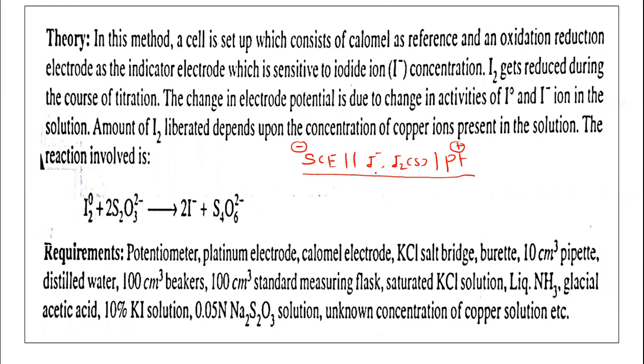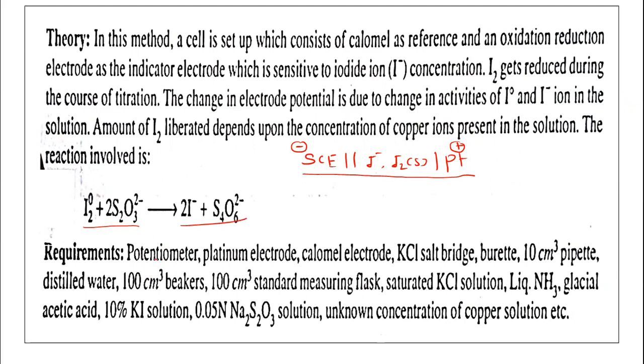In this case iodine is liberated, and the liberation of iodine depends upon the concentration of the copper ions present in the given solution. This reaction is involved here. This is the titration reaction. Later on we will discuss this reaction.